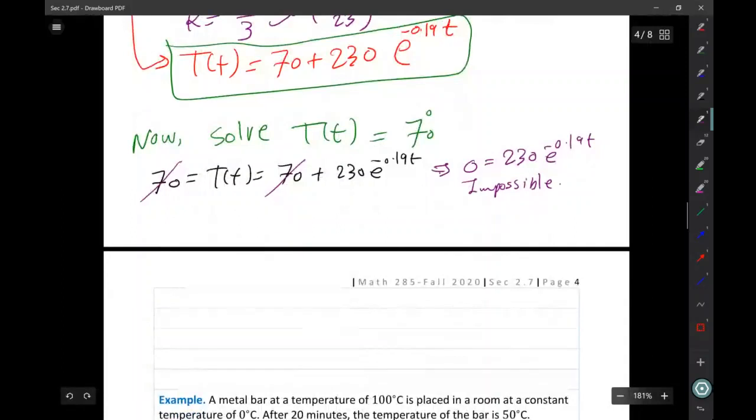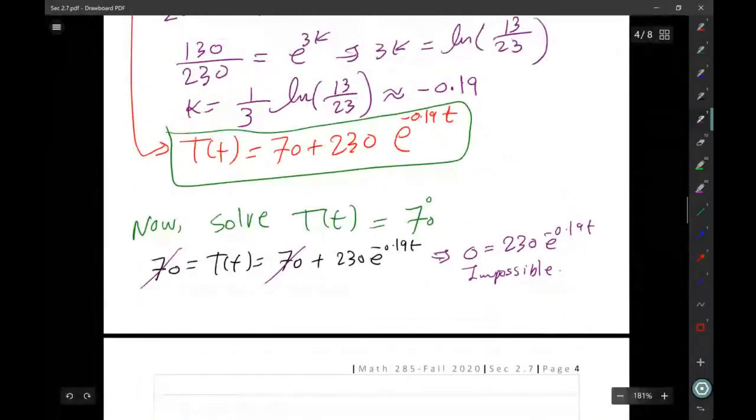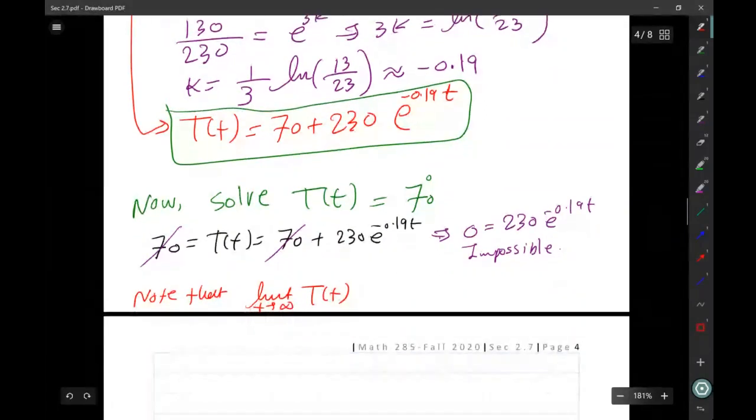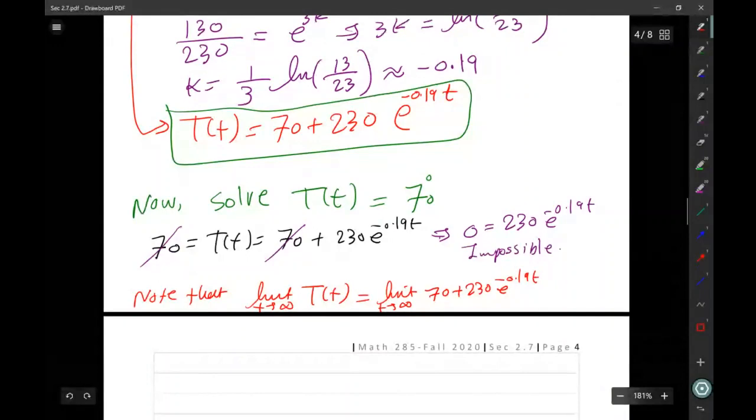But how will I solve this? Note that if you take the limit of T of t when the time t goes to infinity, it becomes the limit of 70 plus 230 e to the power minus 0.19 t, where t goes to infinity.